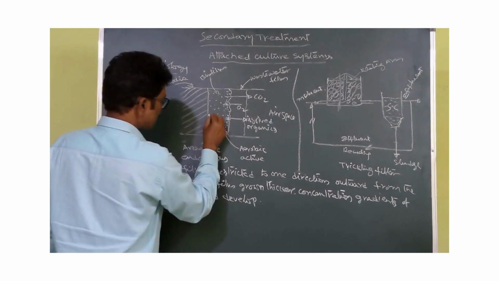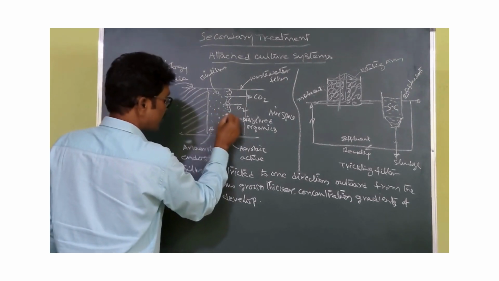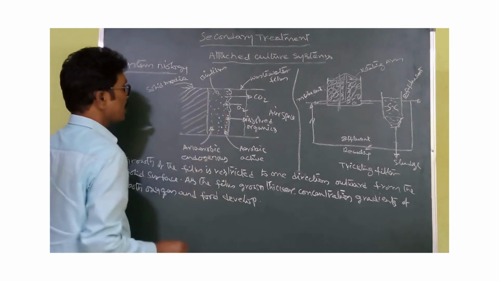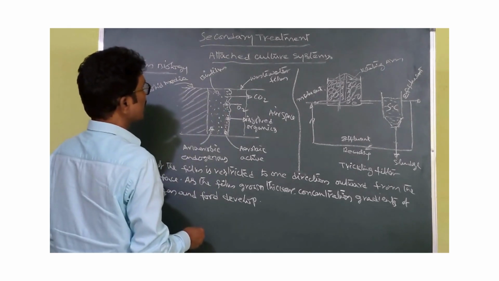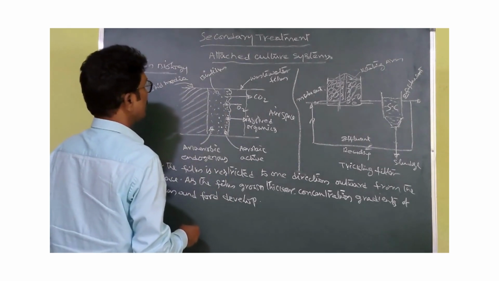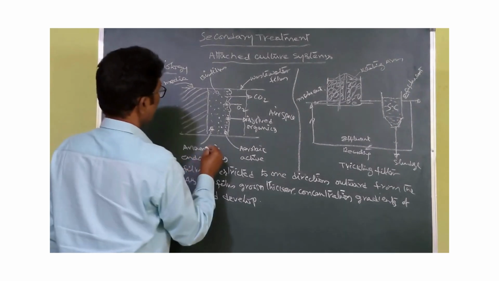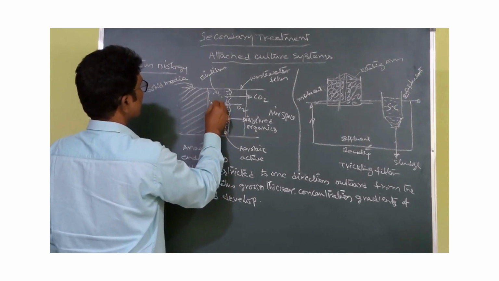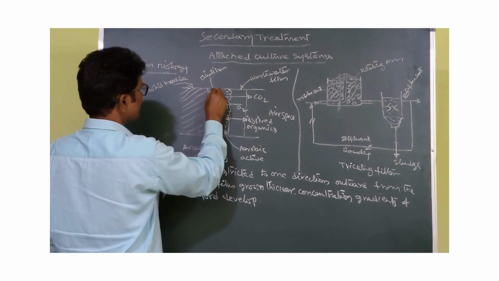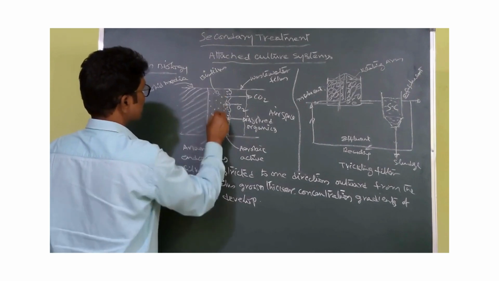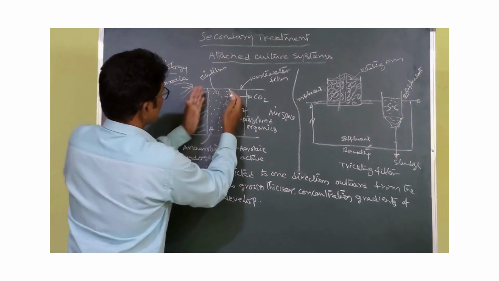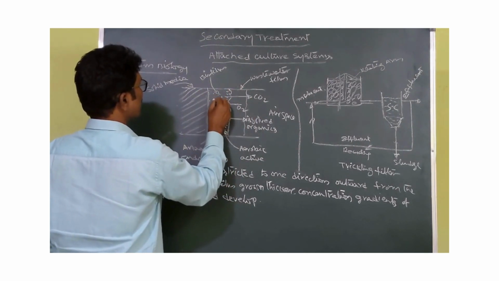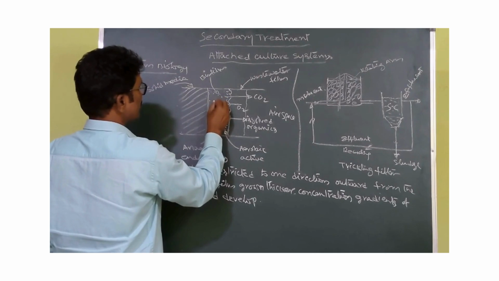Once this film keeps on increasing, the microorganisms inside do not get enough food and dissolved oxygen. The film keeps increasing and shear failure takes place here, because the thickness is increasing, so these microorganisms could not get any oxygen and food.